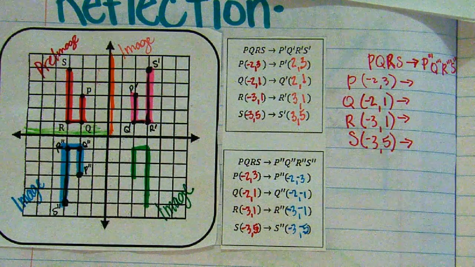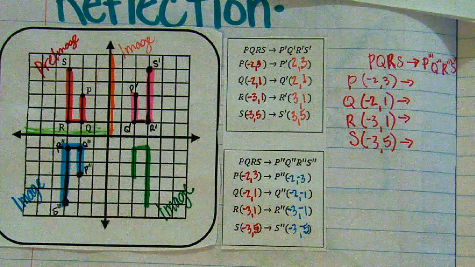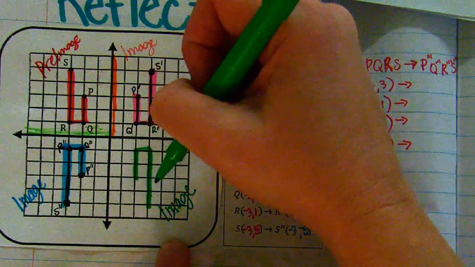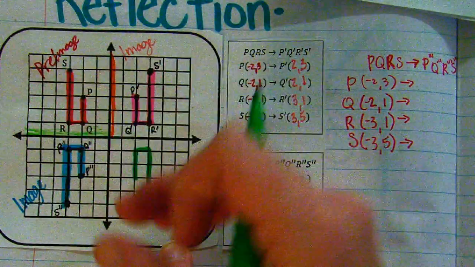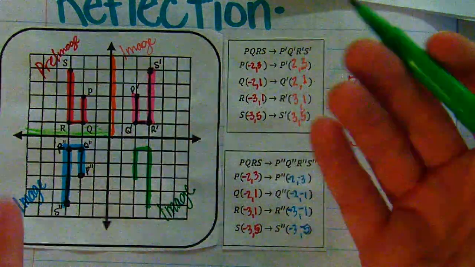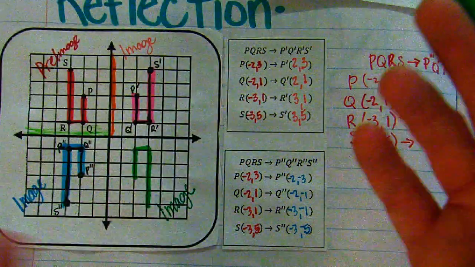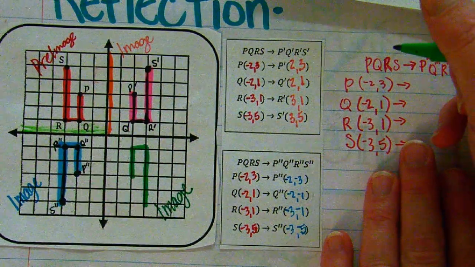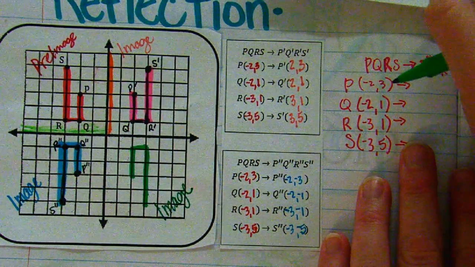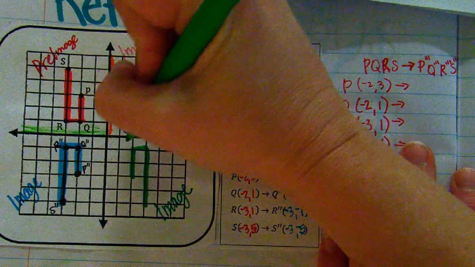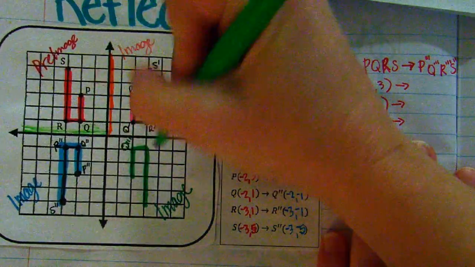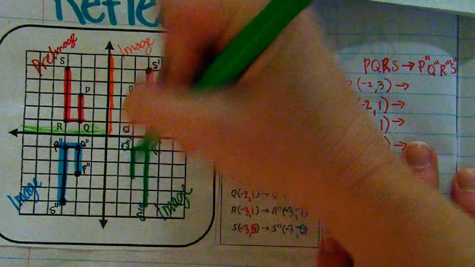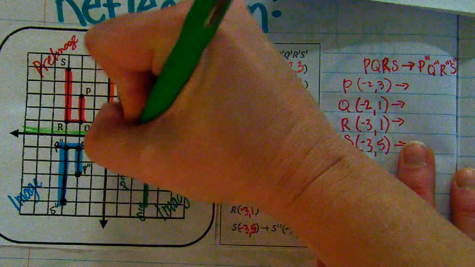And then for the last one, we're going from this pre-image to this image. If we reflect over the x-axis and then the y-axis, or either the y-axis and then the x-axis, either way we go, we're going to end up right here. So this one is Q triple prime, R triple prime, this one's S triple prime, and then P triple prime is right there.